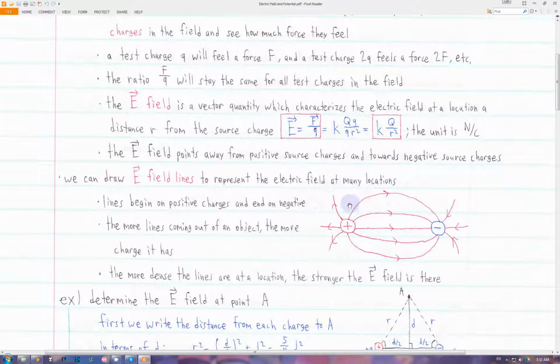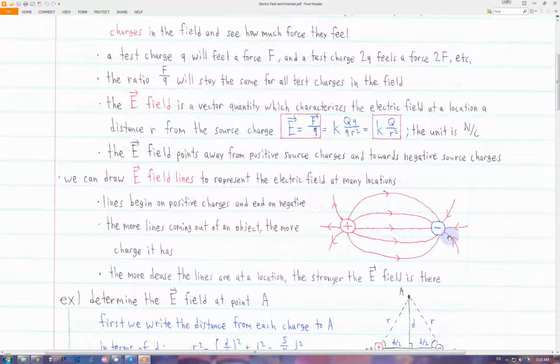If we put a test charge somewhere in this electric field, then it would feel a force in the direction of these E field lines. The E field lines begin on positive charges and go out from them, and they flow into negative charges. And the more lines that come out or go into an object, the bigger the charge that it has.